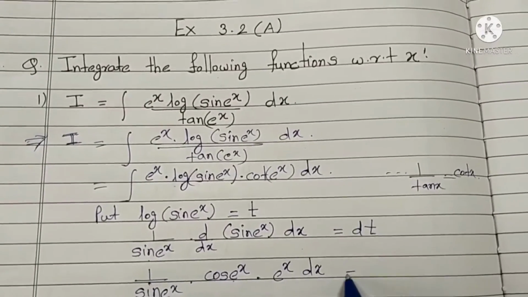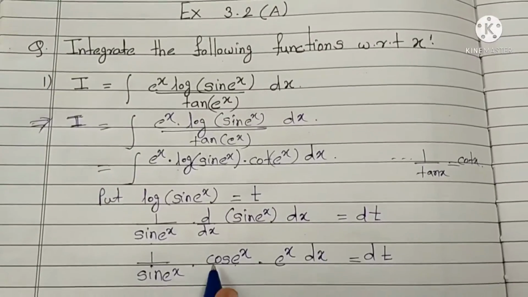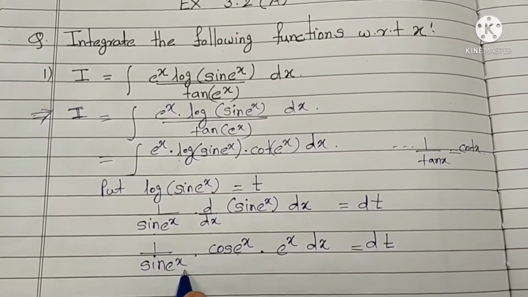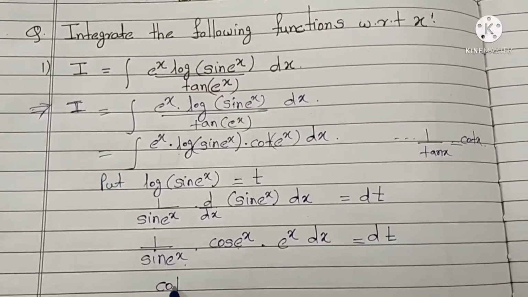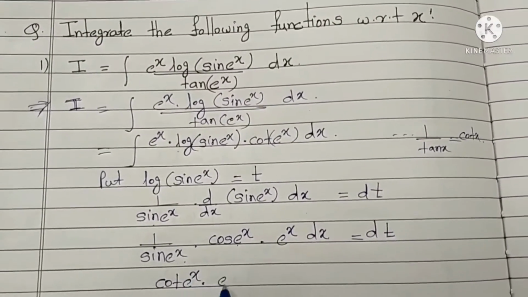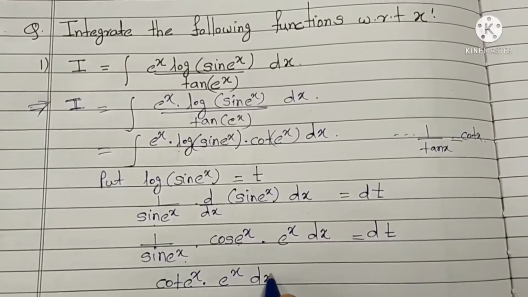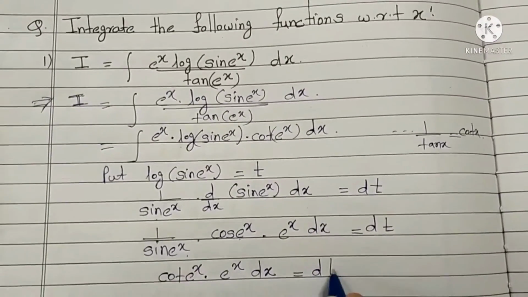So dx is equal to dt. And we know that cos upon sin is cot, so cot e raised to x into e raised to x dx is equal to dt.